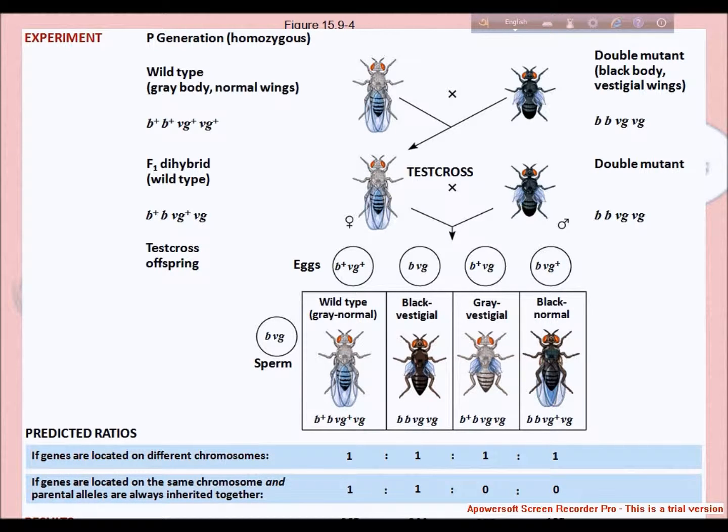But if genes are located on the same chromosome and parental alleles are always inherited together, that is 1:1. In the result, 965 wild type gray normal were produced, 944 black vestigial, 206 gray vestigial, and 185 black normal fruit flies.